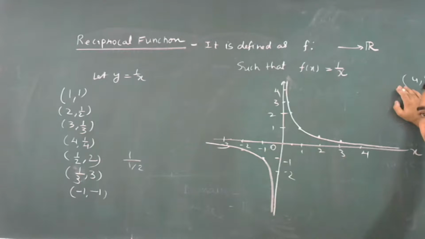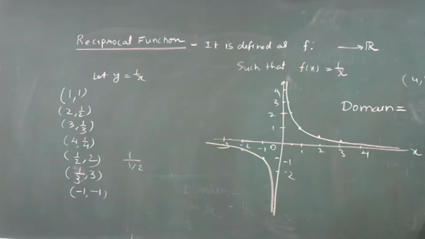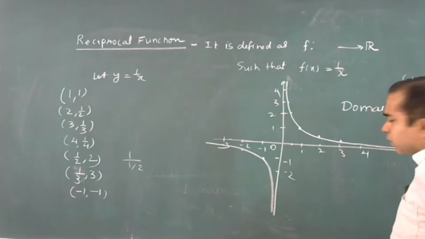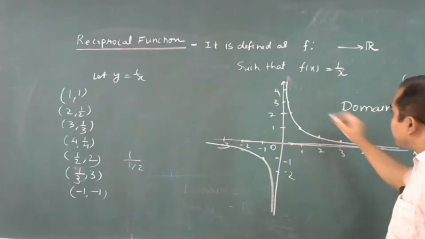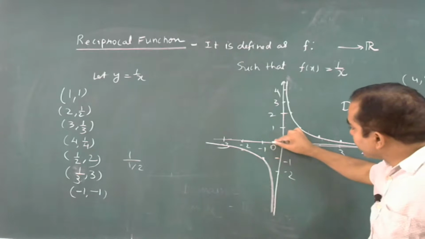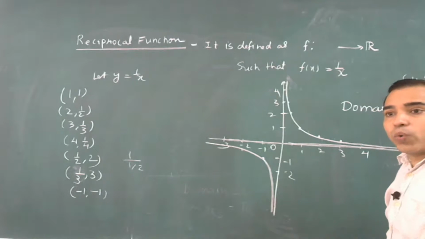And if it is matching, then tell me the domain and range. What is the domain? The method is the same, only the graph is new. Just the graph has changed, the method is the same. So what is the domain? Drop perpendiculars on the x-axis. If we drop them, all these points will cover the x-axis, the entire positive x-axis will be covered, but zero will never be covered, not from this branch, and from this branch also zero will not be covered. And the entire negative x-axis will also be covered. This entire negative x-axis and positive x-axis will be covered, but zero will never be covered.